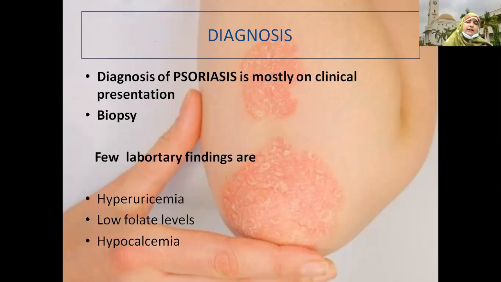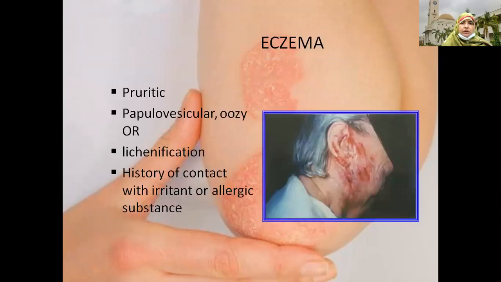Now, how do we diagnose a case of psoriasis? Mainly it is on clinical grounds, but for confirmation, you can take a biopsy anytime. A few lab findings may be hyperuricemia, low folate levels, and hypocalcemia. And yes, we also go for liver function tests and renal function tests, because we have to start the treatment.